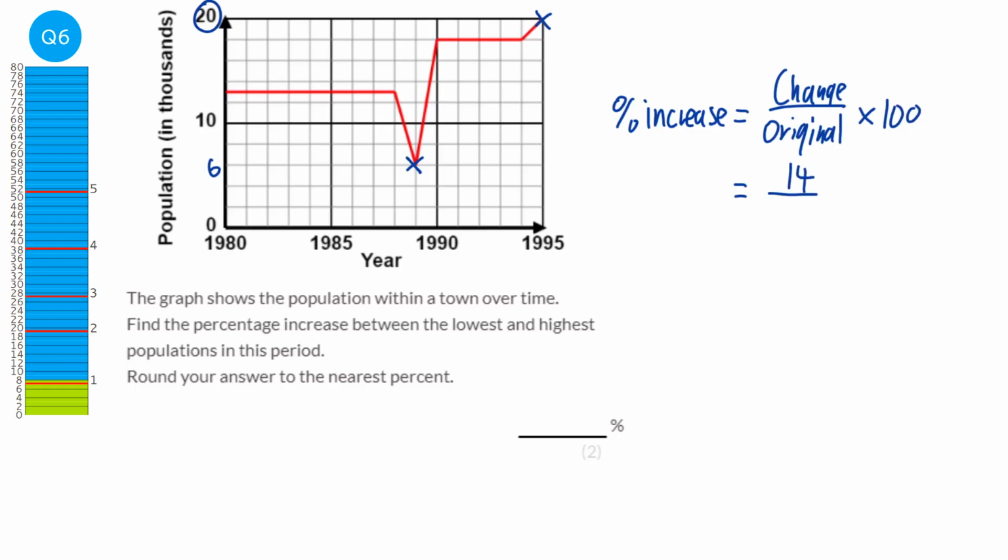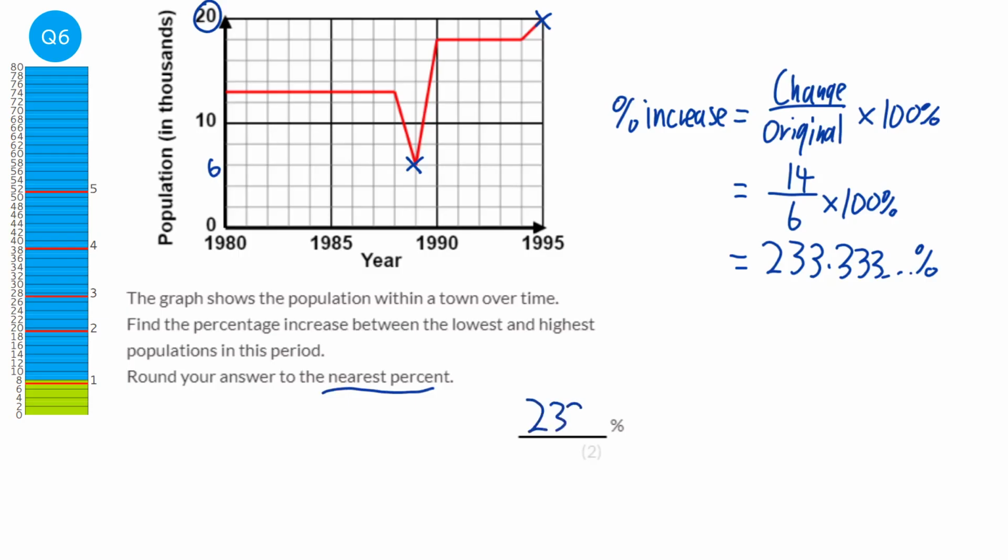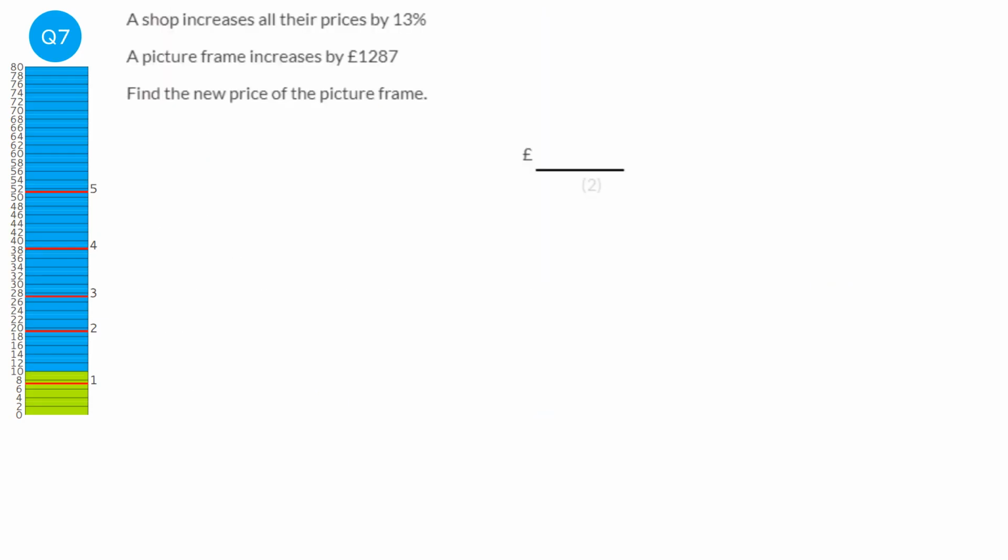The original, the starting point, was the 6 and times by 100, and that gives us 233.333 and so on percent. And this 100 technically is 100% that we're timesing it by. So it says it wants it to the nearest percent, so that would be 233%.